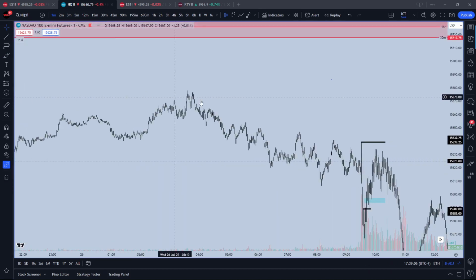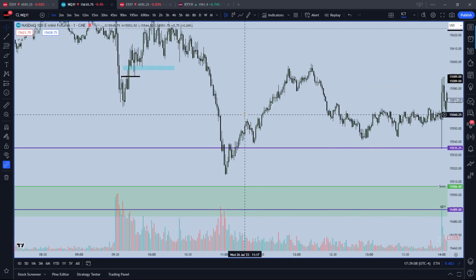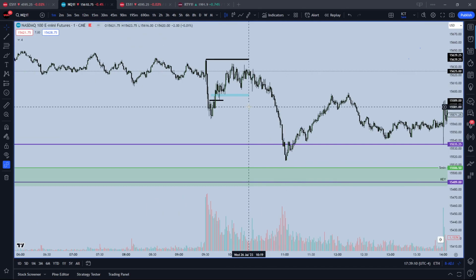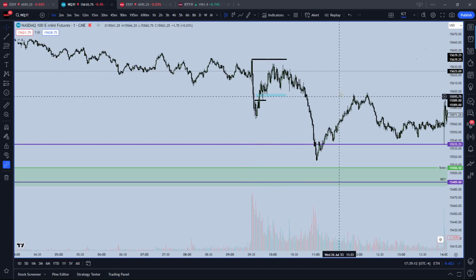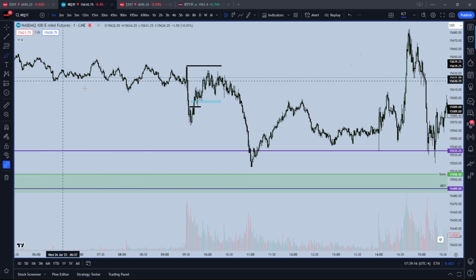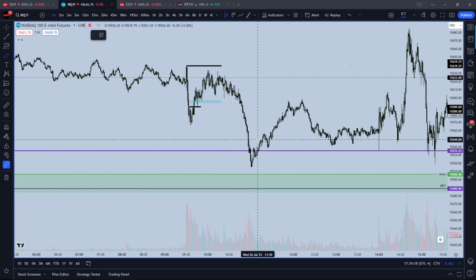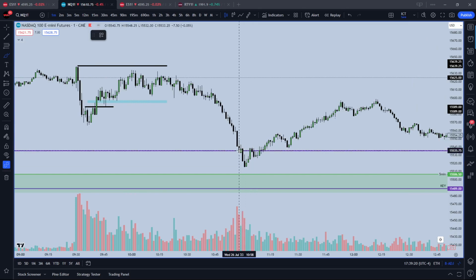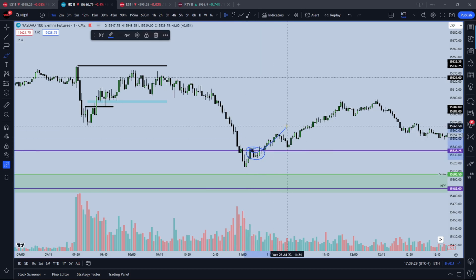Now, looking towards today, we had some demand zones plotted out. We sold off right through them. So you want to make sure that we're not just going to sell off right through it immediately.